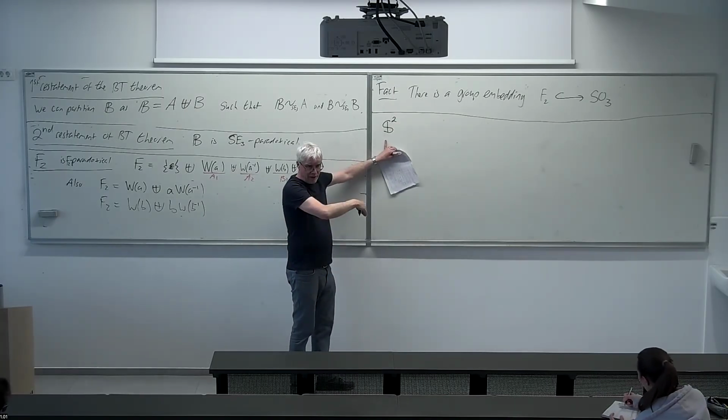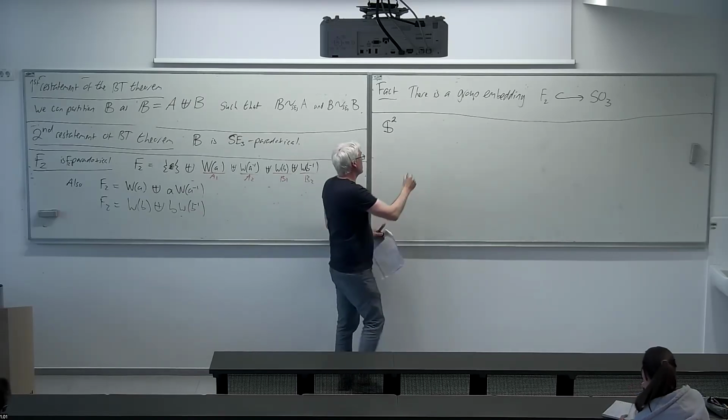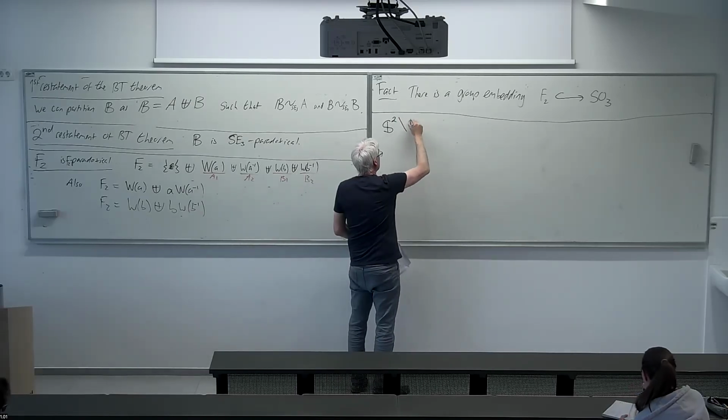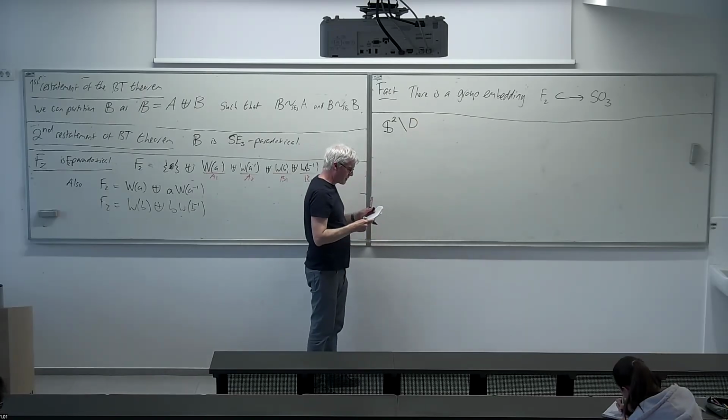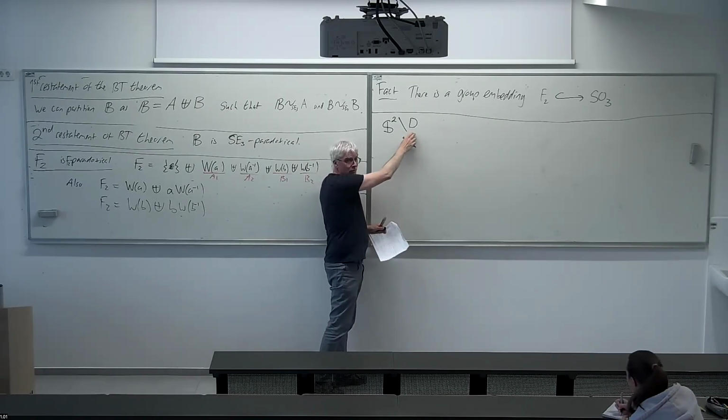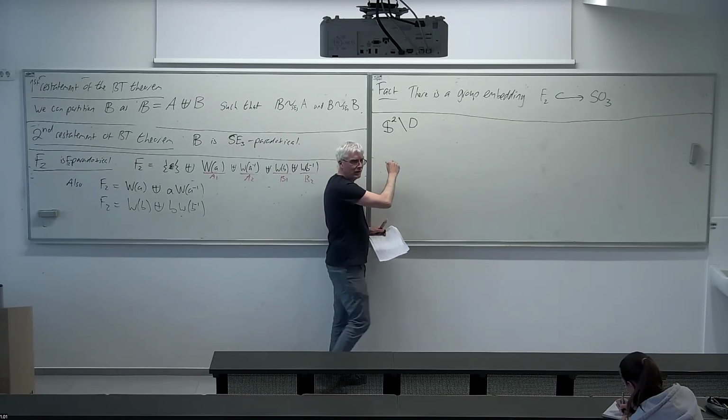And we get there in the notes, but I don't want to go even that far. What I'm going to show is that the two-dimensional sphere with a certain set removed is paradoxical.